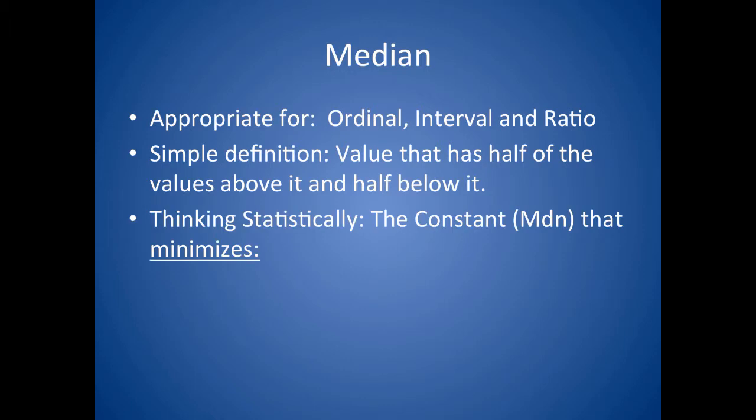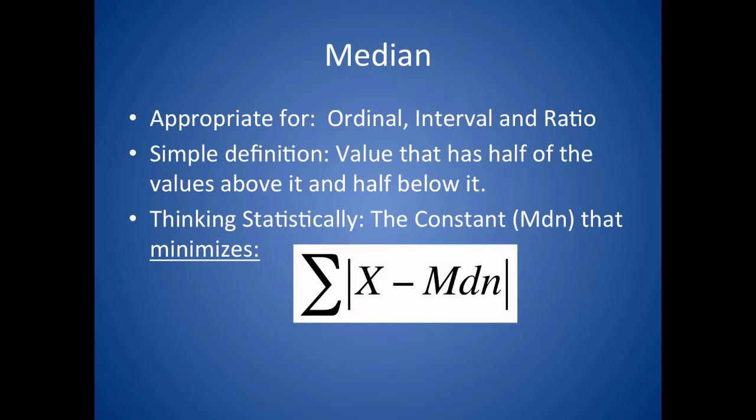Statistically, what makes the median is this really important aspect. Let's take a constant, and we're going to call it MDN for now, because ultimately this is going to be the median. If we were to search for a constant that made it so that if we went through every value in the data set one by one and subtracted the constant from them and threw away the sign, okay, so these are absolute value bars.